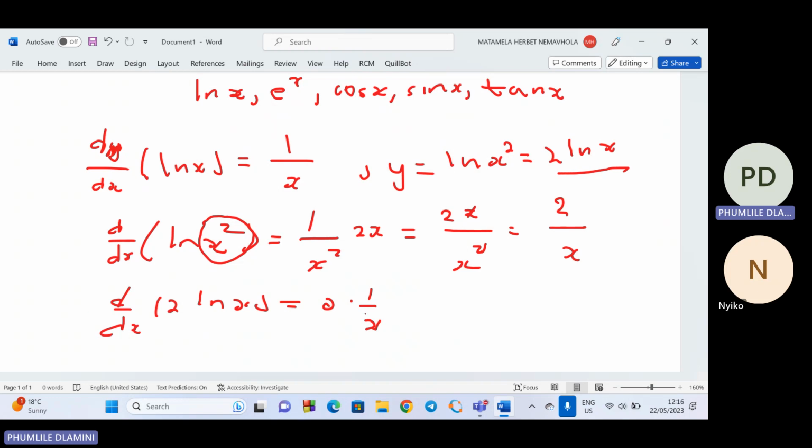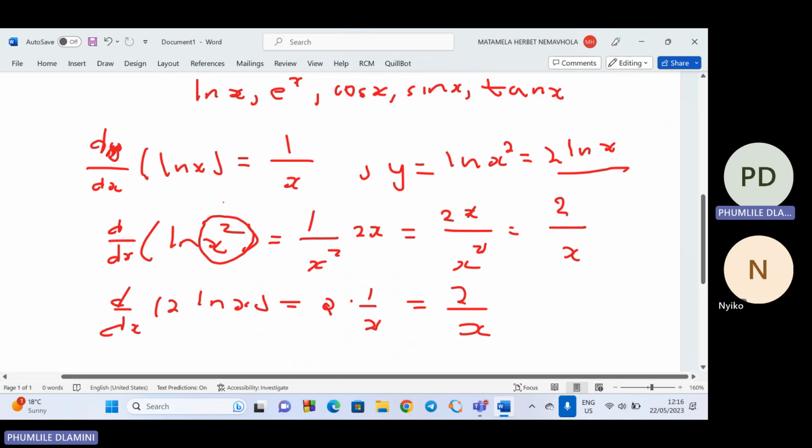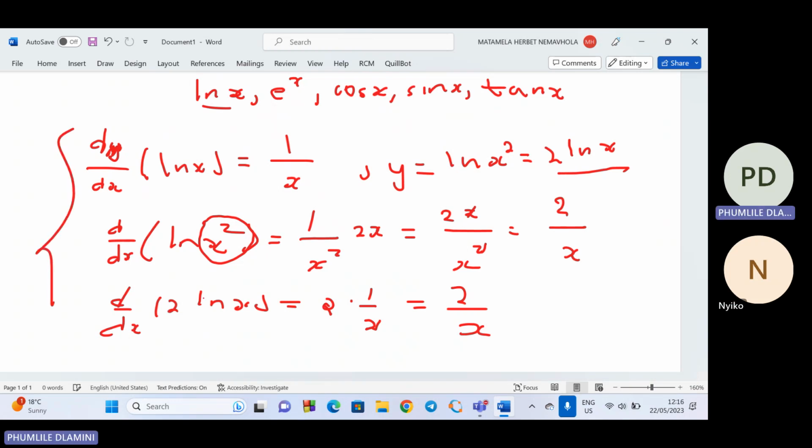We differentiate ln x, and the answer still remains 2 over x. So it's the same. You must do more questions based on differentiation.